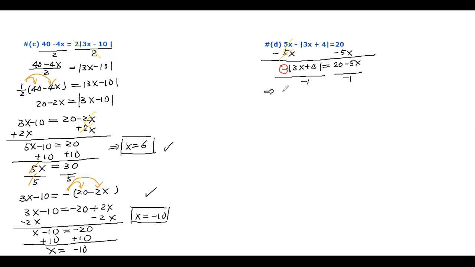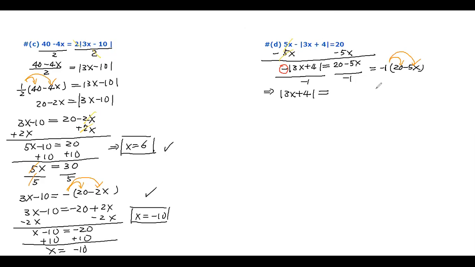So my left-hand side is the absolute value of 3x plus 4. And on the right, this is negative 1 times 20 minus 5x. Then use the distributive property to simplify that.